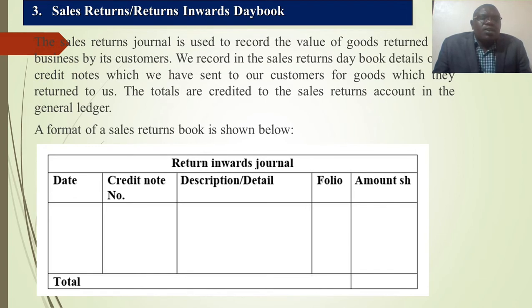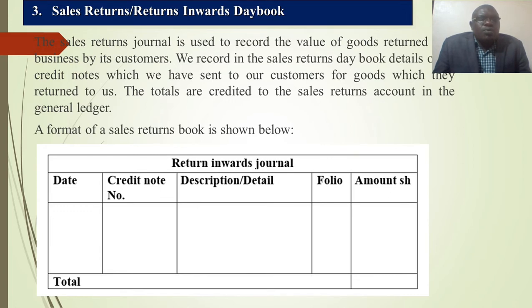So we record in the sales returns daybook details of all credit notes which we have sent to our customers for goods which they have returned back to the business. So credit notes are documents which are sent to customers, notifying them that their account with us has been credited.